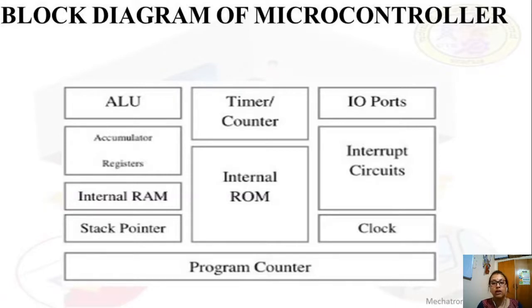Whereas in a microcontroller, everything is built on a single chip: CPU, memory, input-output devices and all the peripheral devices. Okay. So this is the major difference between a controller and a processor. So we use a microcontroller in all electronic applications.